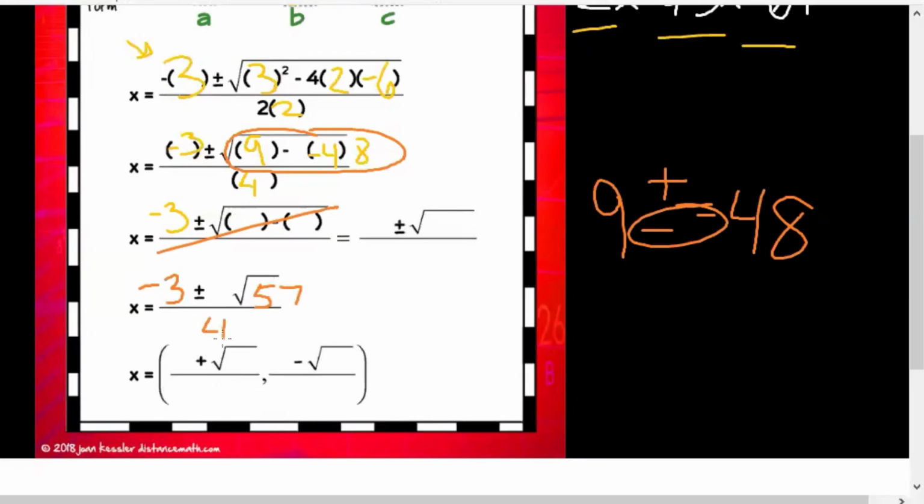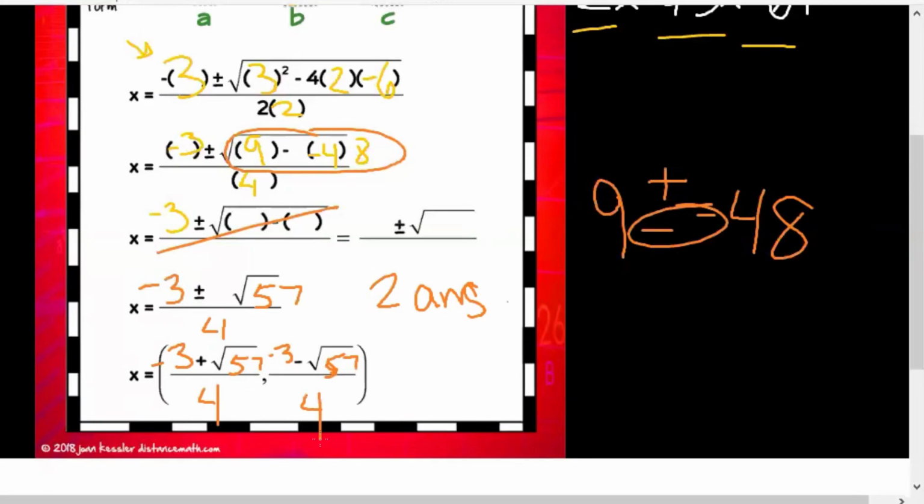Now, if you notice, there is no square root of 57, unlike yesterday where we were able to find the square root of 64. So what we're going to do is, because there are still 2 answers, we are going to split this up into negative 3 plus square root 57 over 4, and still negative 3 minus the square root of 57 over 4.